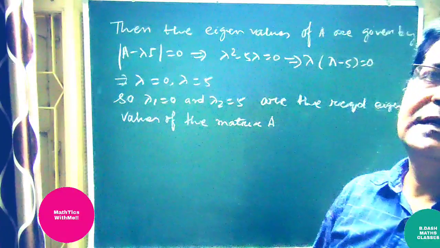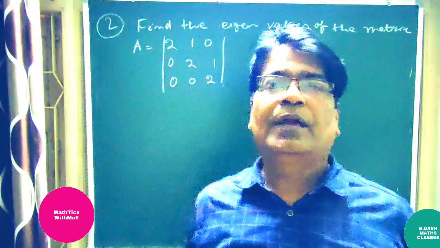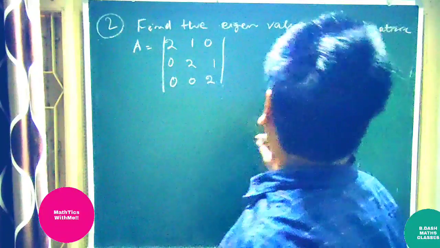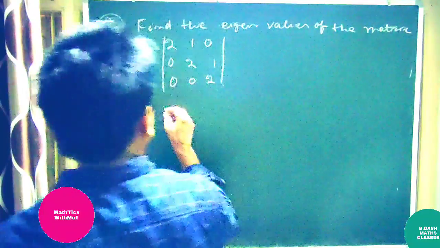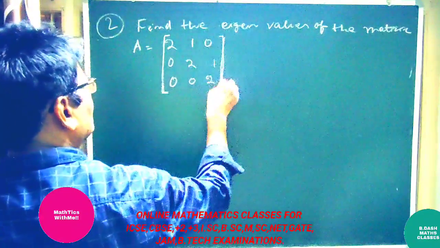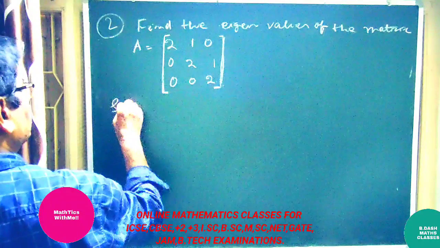With this, our first problem is now solved. Our second question is: find the eigenvalues of the matrix A equal to [2, 1, 0; 0, 2, 1; 0, 0, 2]. Solution.